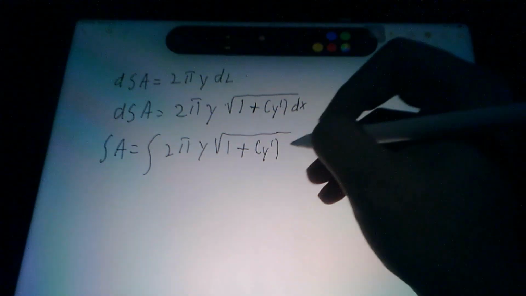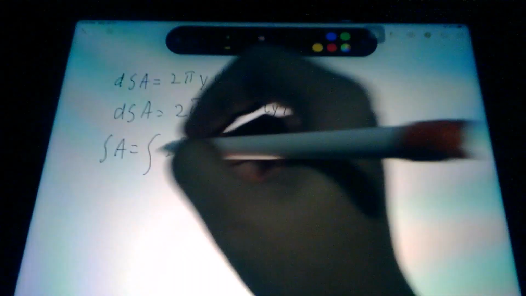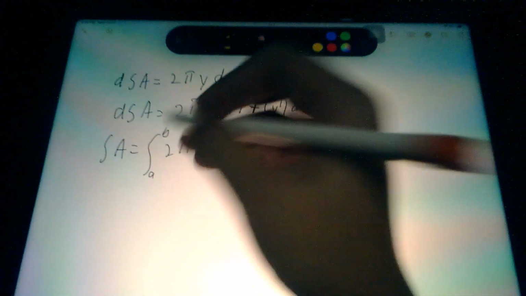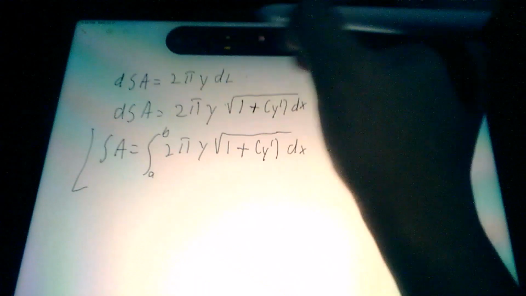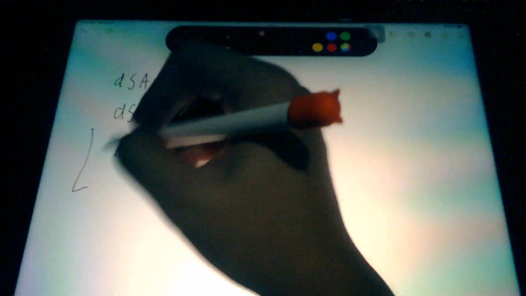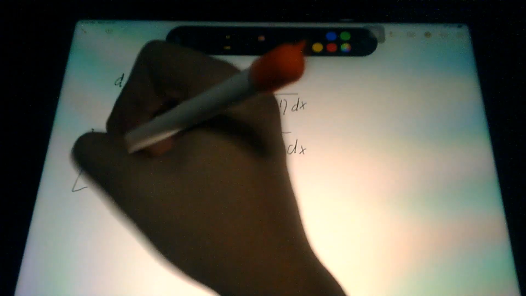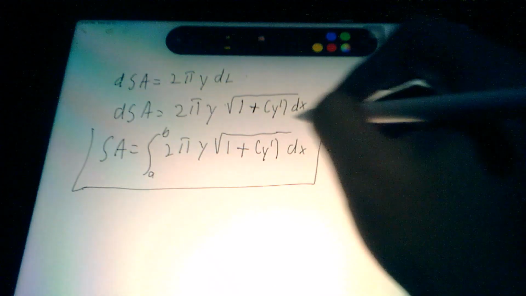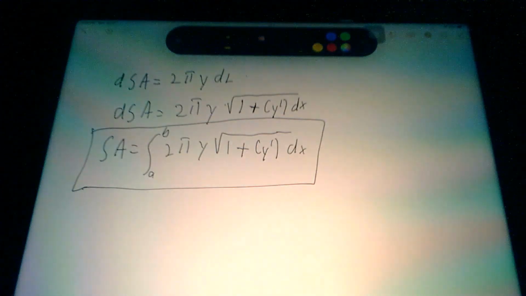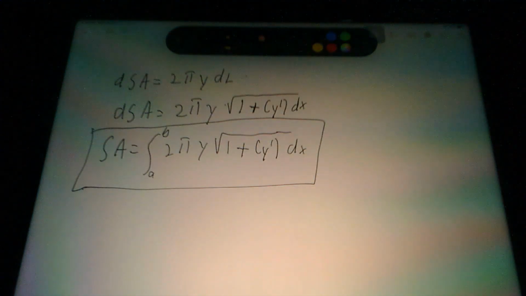Okay, so dx bounded by the limits a to b. So this is S, our formula for surface area. Now let's move on to some examples.